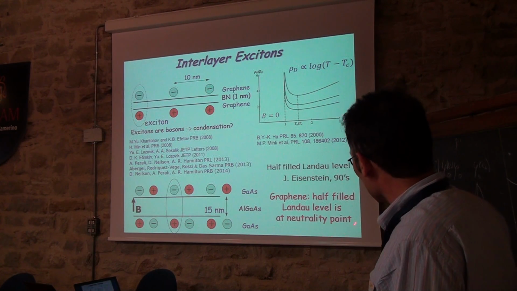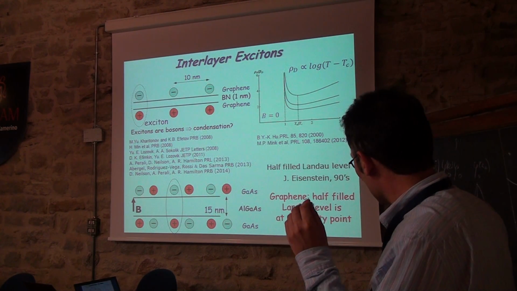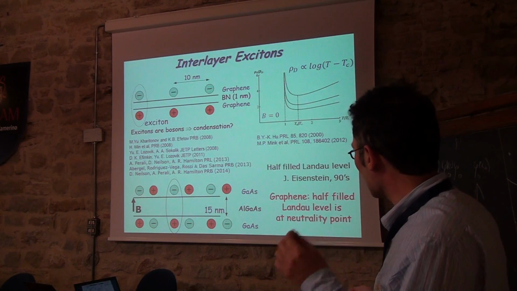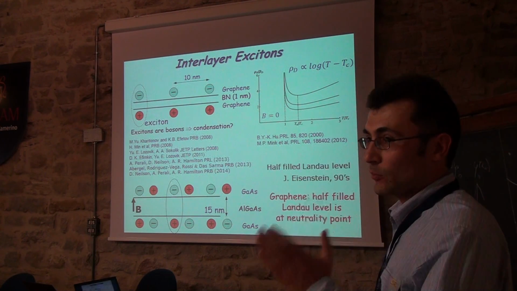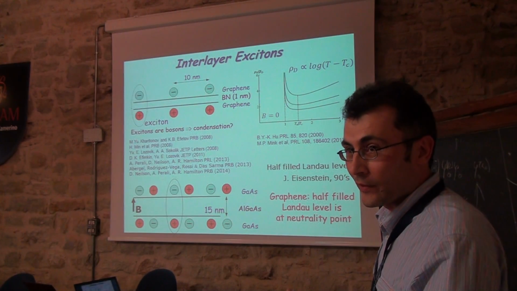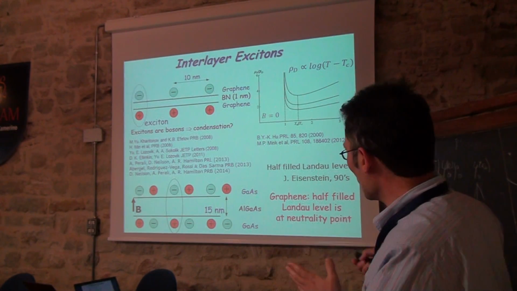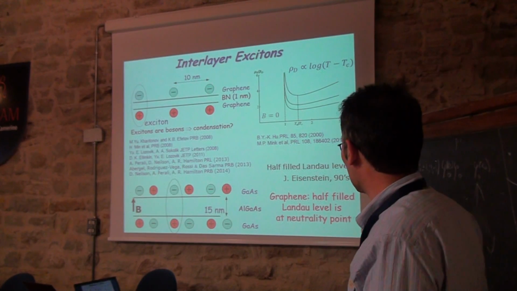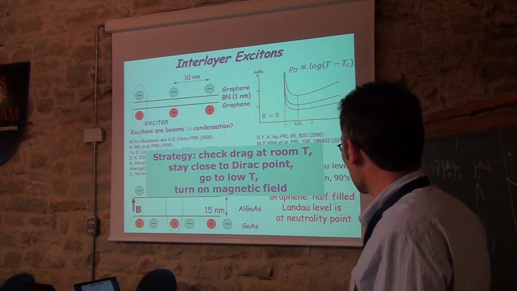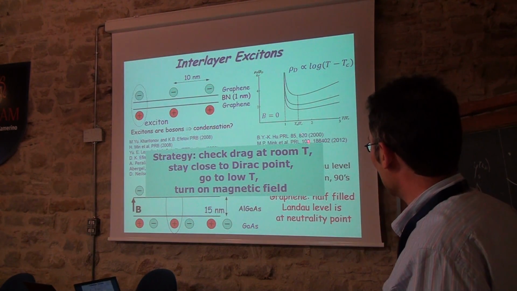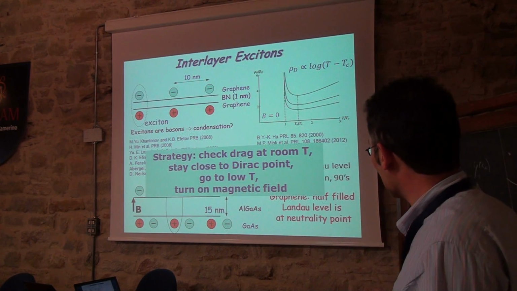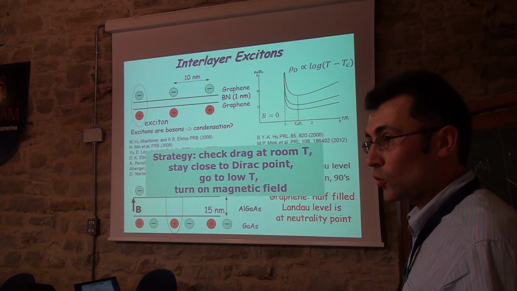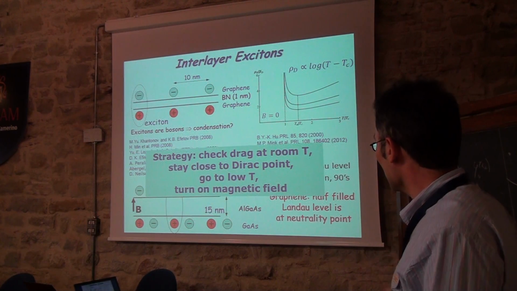But what is interesting about graphene is that graphene has a half-filled lowest Landau level at the neutrality point, the Dirac point, which means we don't have to really look for a specific magnetic field or density to find it. It's already there at the neutrality point. So this is the strategy of what we have to do. First, we have to check if we already have some signatures of excitons or condensation at room temperature.